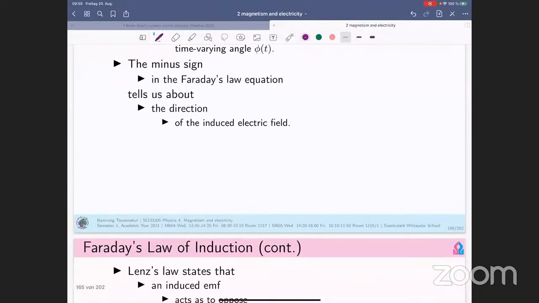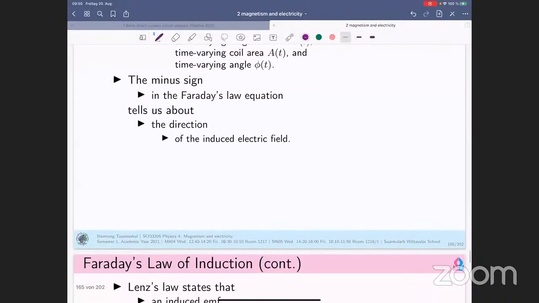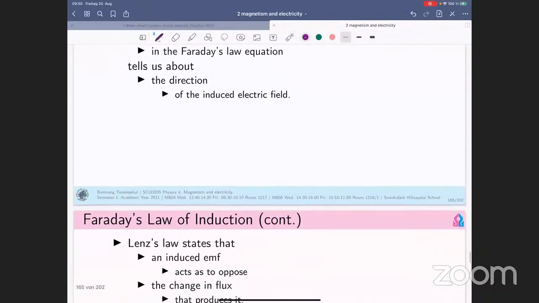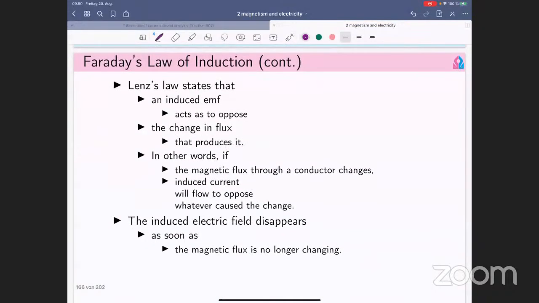That's what we have heard before. Lenz's law states the induced EMF acts to oppose the change in flux, and when magnetic flux through the conductor changes, the induced current opposes whatever causes the change, whether it increases or decreases.